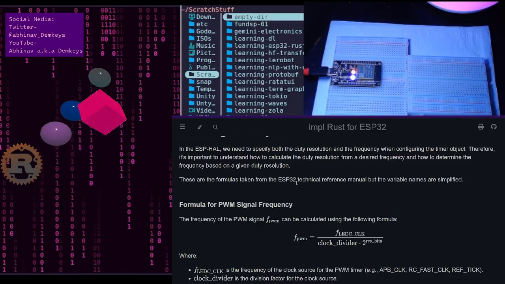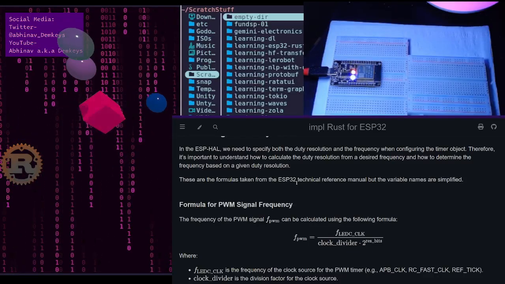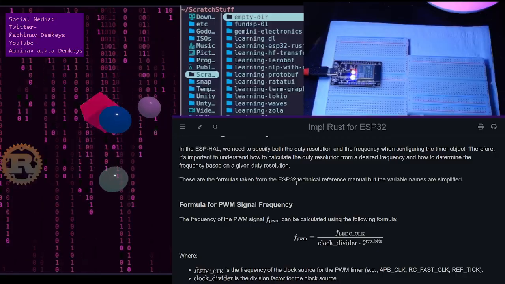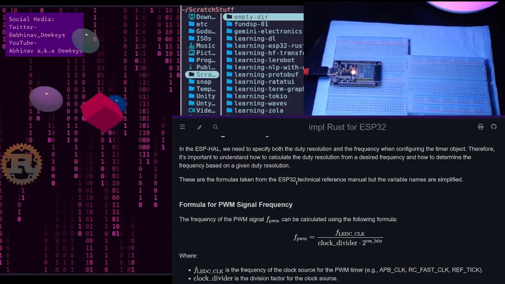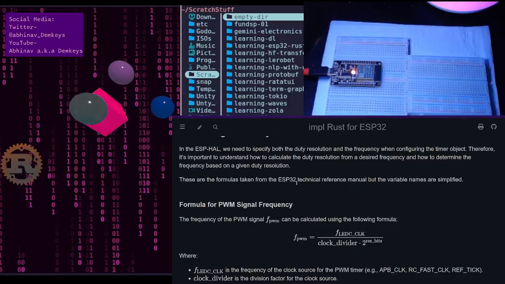It's kind of like voltage equals current multiplied by resistance, where the relation between the three can be set up in a triangle.